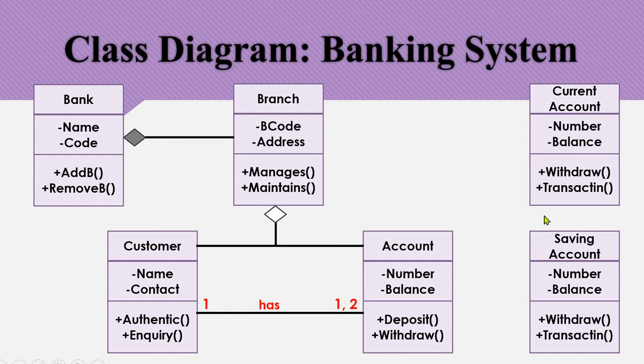These can be taken as subclasses, and account is the base class or super class. Current account is a derived class of account, meaning it must have all the features of the account class. Similarly, the saving account must have all the features of the account class. So there is a generalization relationship between these classes.